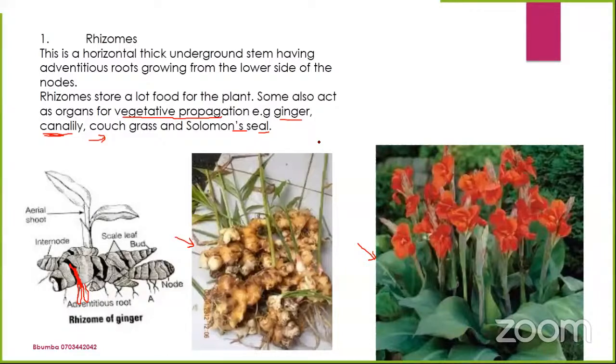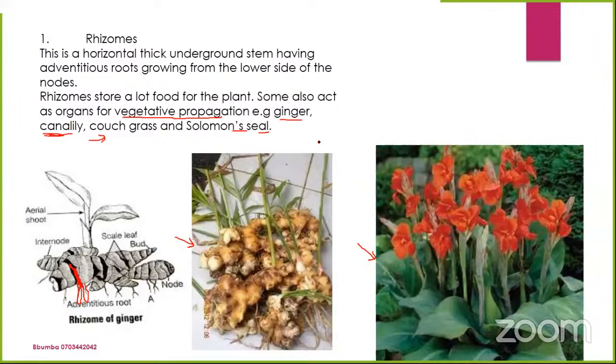Sexual reproduction just involves the fusion of the male and female gametes, that is the sperm and the egg. If there has not been fusion of a sperm and the egg, and you are just using a plant part to grow a new plant, you could use a stem, you could use leaves, you could use whatever, that is asexual reproduction.